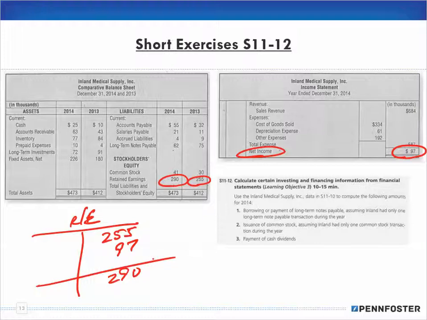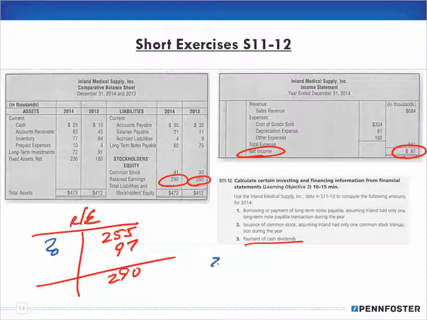If the question said, what was the difference in my retained earnings, I would just add those two together. But since I'm trying to find out what the payment of cash dividends is, that would be a debit to my retained earnings, meaning I'm going to take that money out of retained earnings and pay the cash dividend. So we know 3 out of 4, and we have to do the math.